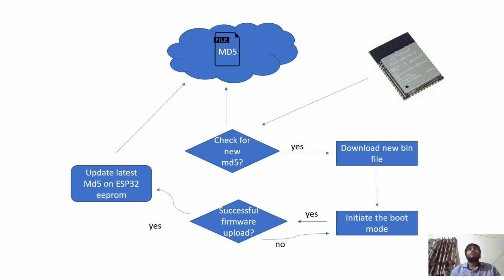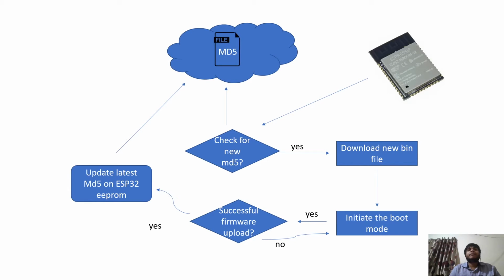First, what we required was a continuous cloud server running somewhere, and an ESP32 that connects to the internet and keeps checking for the signature of a file on the ESP32, as well as the signature on the cloud.